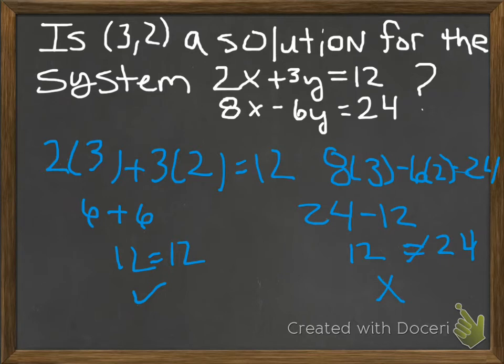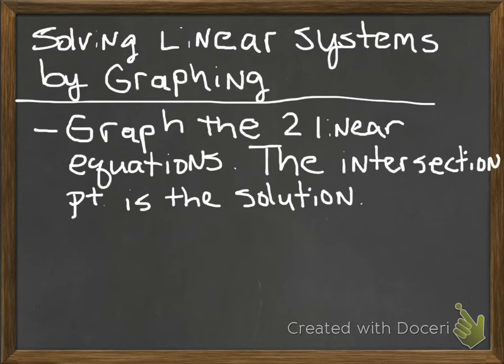And since the point is not a solution for both equations, this one is not considered a solution for the system. It has to be a solution for both equations. Take this moment. If you don't understand this, go back and replay these examples. Rewind and look at it again.